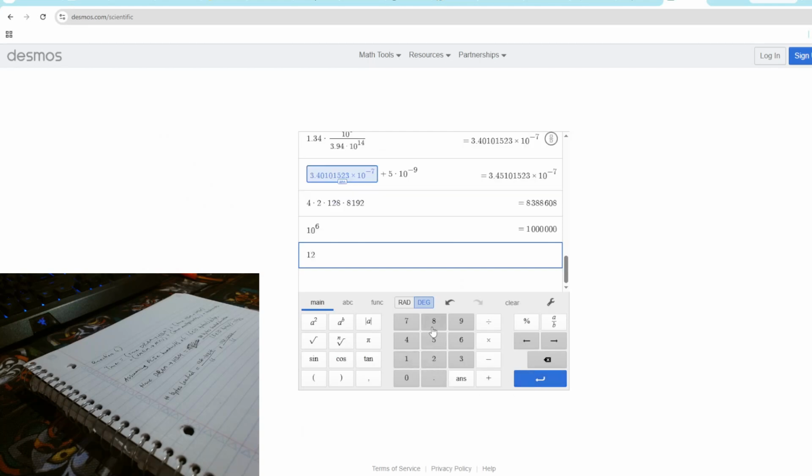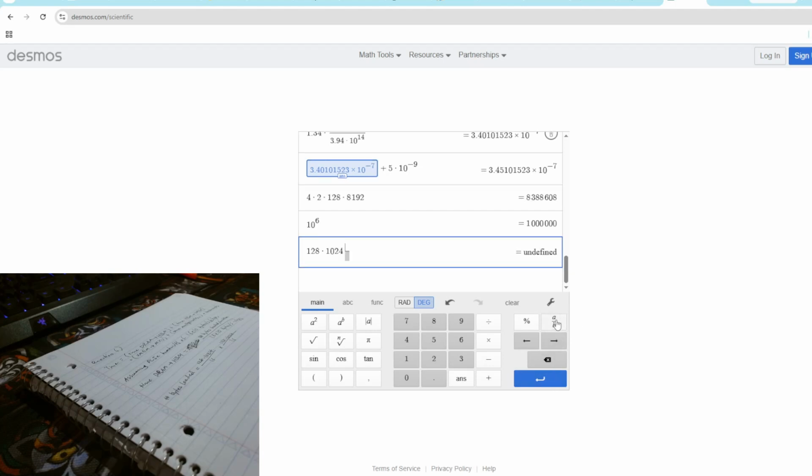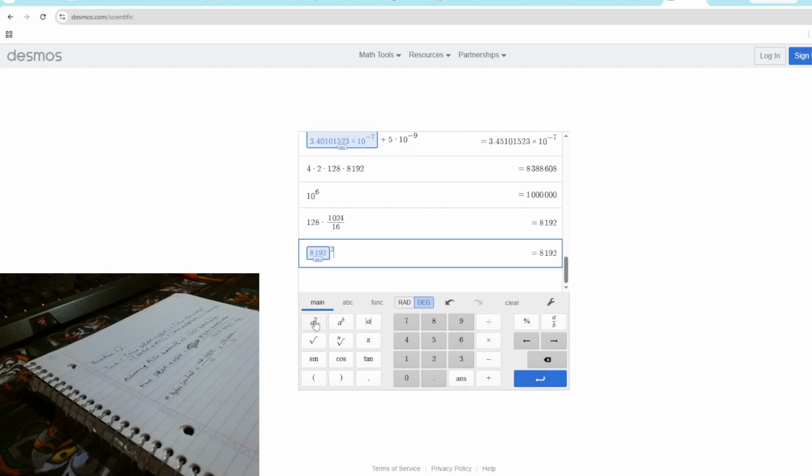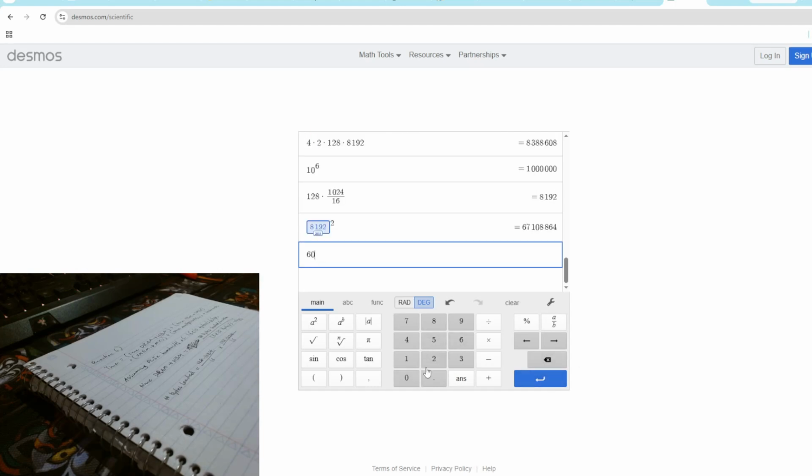So 128 times 1024 divided by 16, and then take this answer squared. 6.7 times 10 to the 8? That was to the 7. Gotcha. Which equals 6.7 E7 bytes loaded.